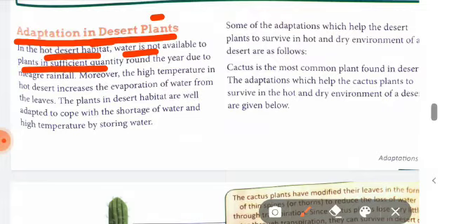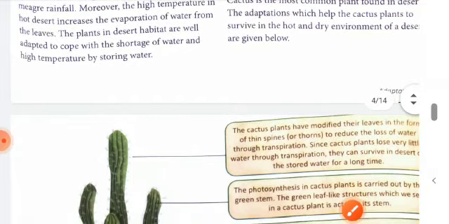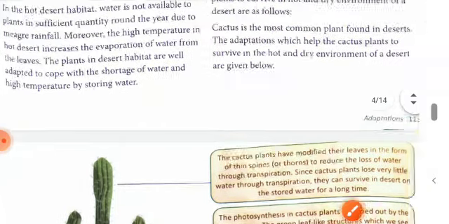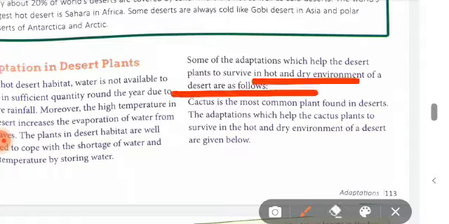Moreover, the high temperature in the hot desert also increases the evaporation from the plants, and the plants in desert habitats are well adapted to cope with shortage of water and high temperature by storing the water. Students, some of the adaptations which help desert plants to survive in the hot and dry environment of the desert are given below.